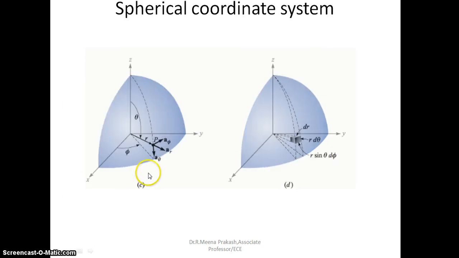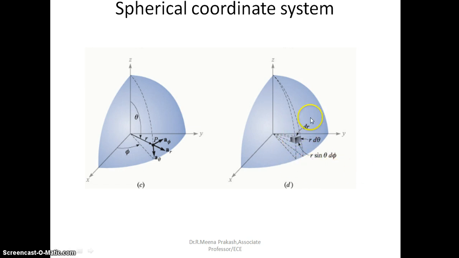Okay, so this diagram shows unit vectors. Here we have unit vectors as AR, A theta and A phi, and here AX, AY, AZ. This is the incremental volume. Now the radius is incremented by dr. If we increment theta by d theta, then the variation in length will be r d theta. Similarly, if we vary phi with d phi, the variation in length will be r sin theta d phi.